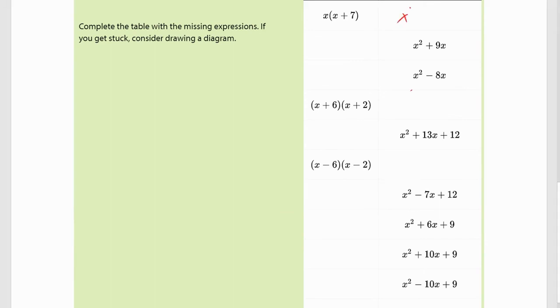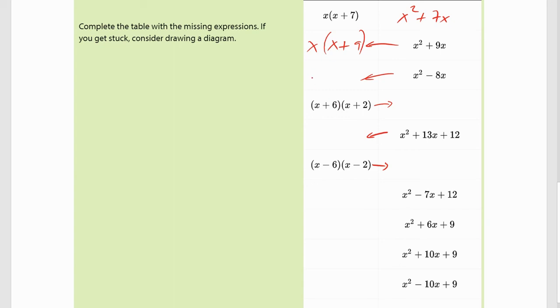So standard form, it would look like this, right? If we were to go backwards, let's see, it would have to be x, because both of them have x, right? And x plus 9, right? So go ahead and try to complete this table, all right? And see what you get.